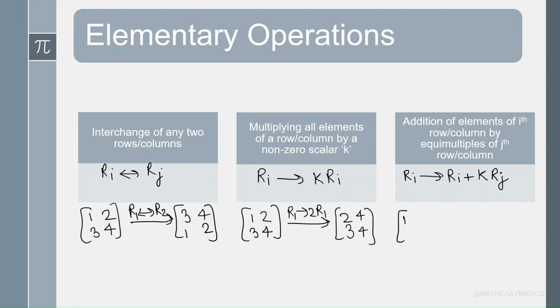So we take R2 replaced by R2 plus 2 R1. So here we get, so these are three elementary operations.